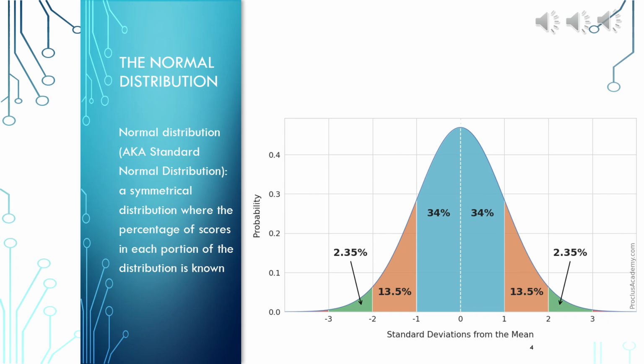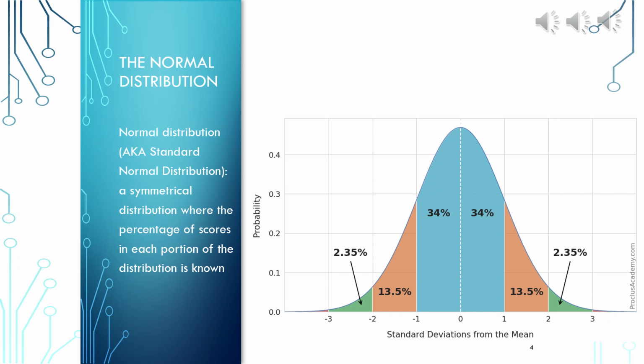Because all of the different areas under the curve are known, meaning all of the probabilities of obtaining a score between 1, 2, or 3 standard deviations from the mean are known. So if you take any individual raw score, you can compare it to where it falls in this normal distribution, and then say how unlikely or how likely it is that we would see that kind of score. We'll talk more about that.